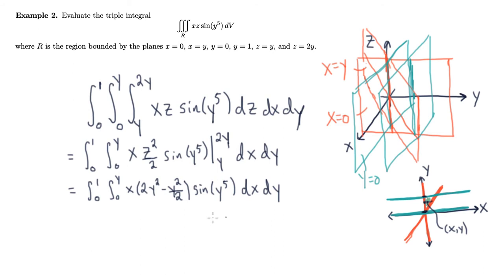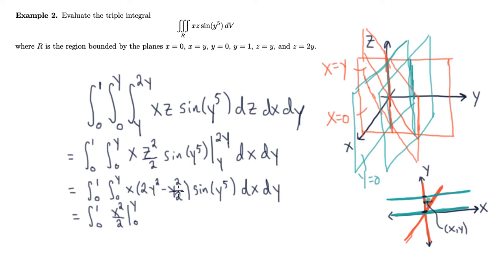Okay, so next I take an antiderivative with respect to x. Well, this is the only thing that involves x. So I have the integral from 0 to 1 of x squared over 2 evaluated from 0 to y times this function of y, which is 2y squared. Well, let's actually combine.